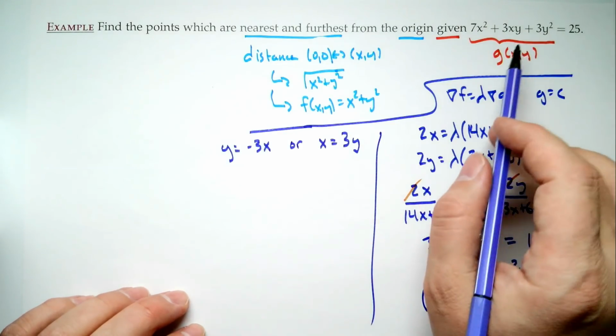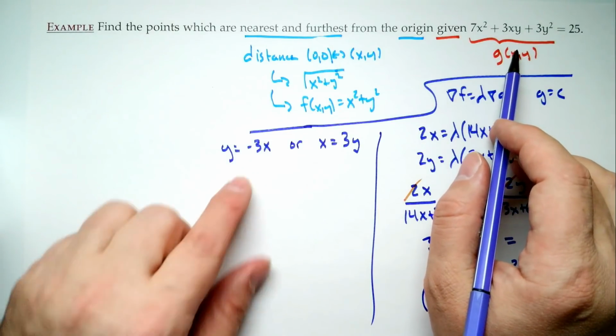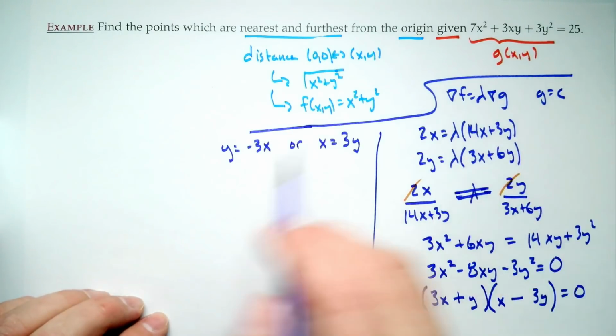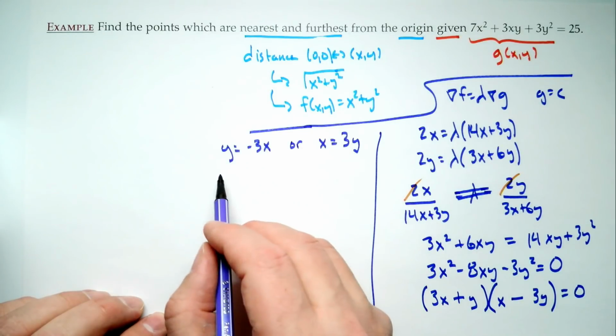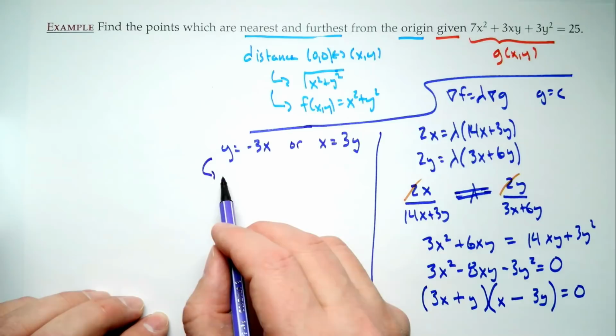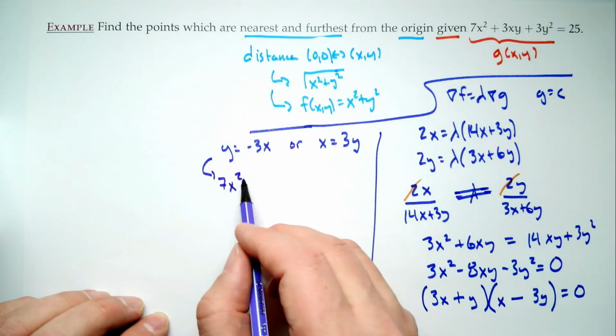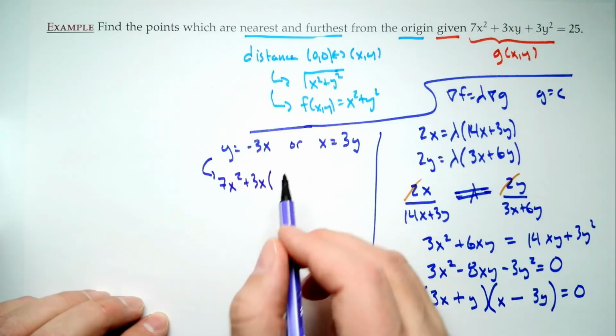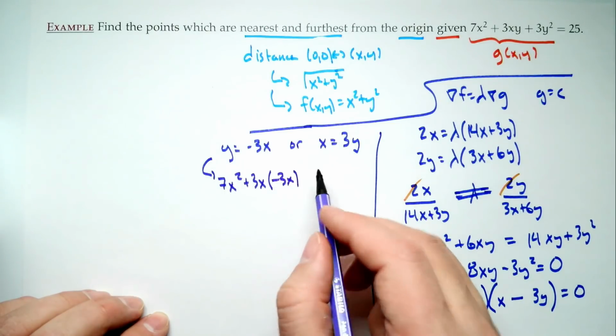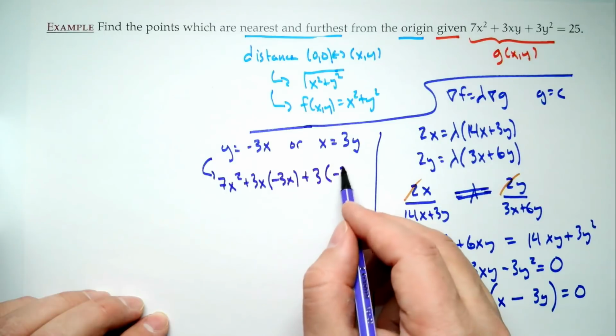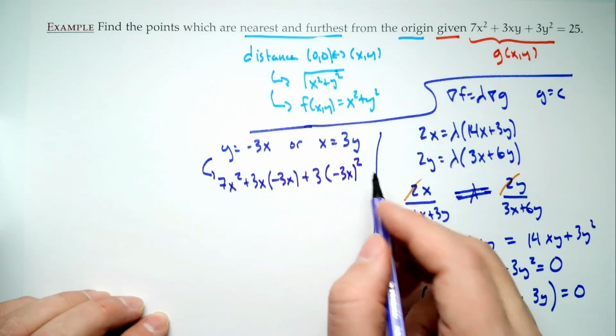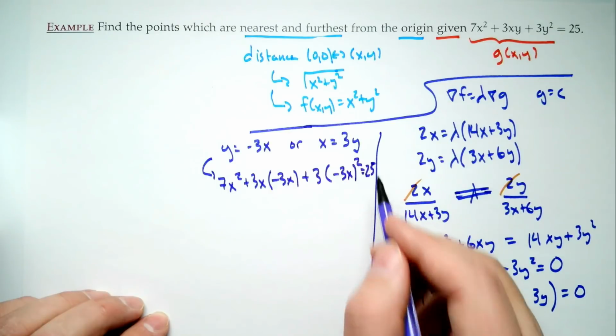Now we come into our constraint. So let's do y equals negative 3x. Everywhere I see y, I'm going to put negative 3x. So that would be 7x squared plus 3x times negative 3x plus 3 times negative 3x squared equals 25.